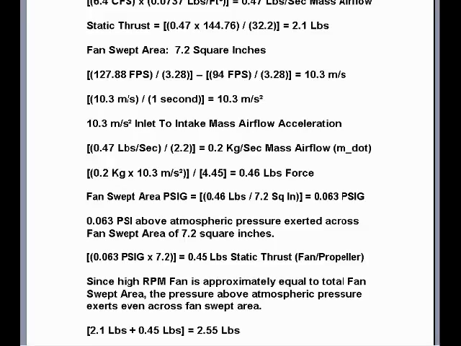So when we add the Newtonian and Bernoulli thrust components together, 2.1 pound static thrust Newtonian plus 0.45 pounds Bernoulli across the fan swept area, we get a total static thrust of 2.55 pounds when at 75% power.